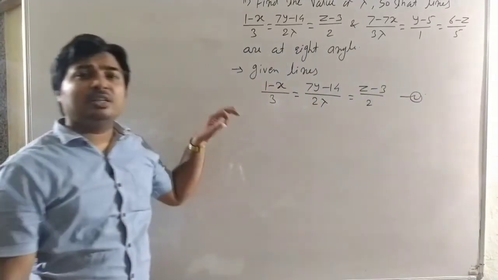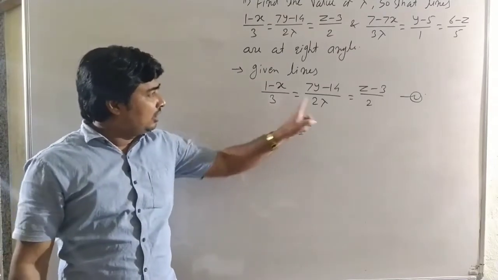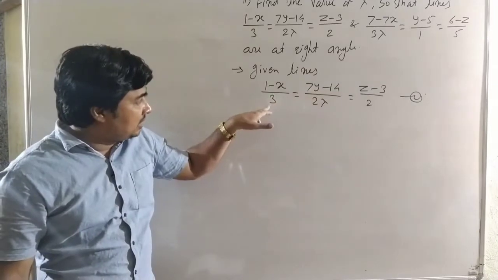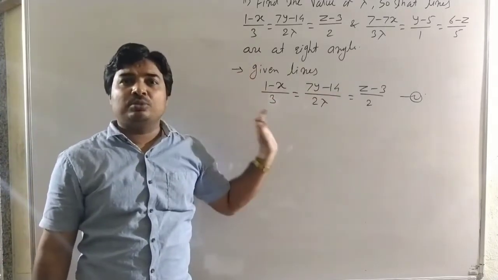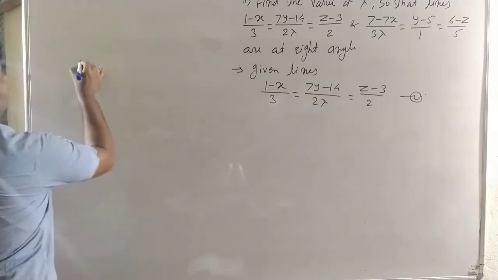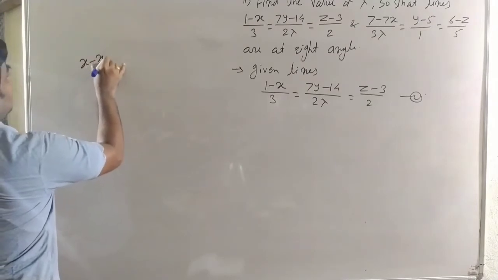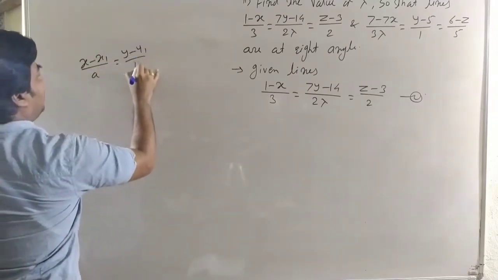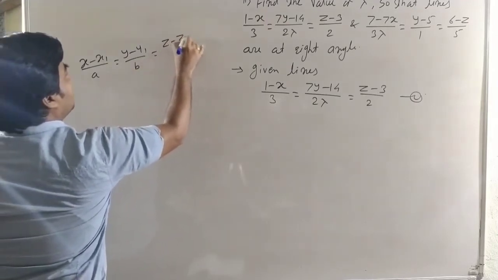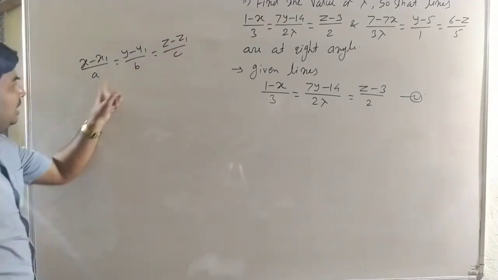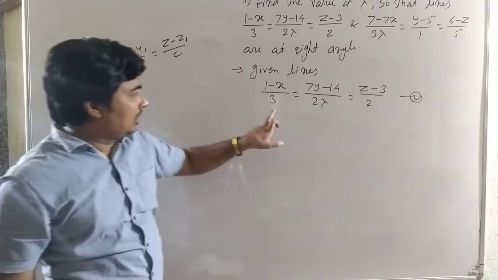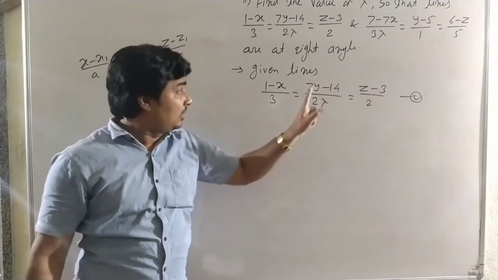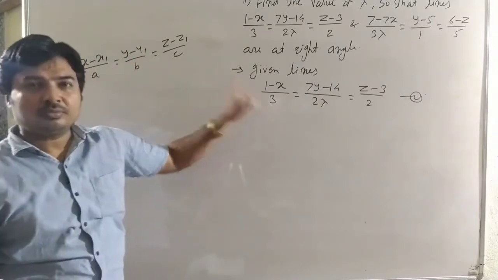Now direction ratios of the line, here 3, 2 lambda and 2, you know these real numbers are the direction ratios of the line when the equation of the line is in the form (x minus x1) upon a is equal to (y minus y1) upon b is equal to (z minus z1) upon c, then a, b, c are the direction ratios. Here 3, 2 lambda and 2 are the direction ratios, but compare carefully.